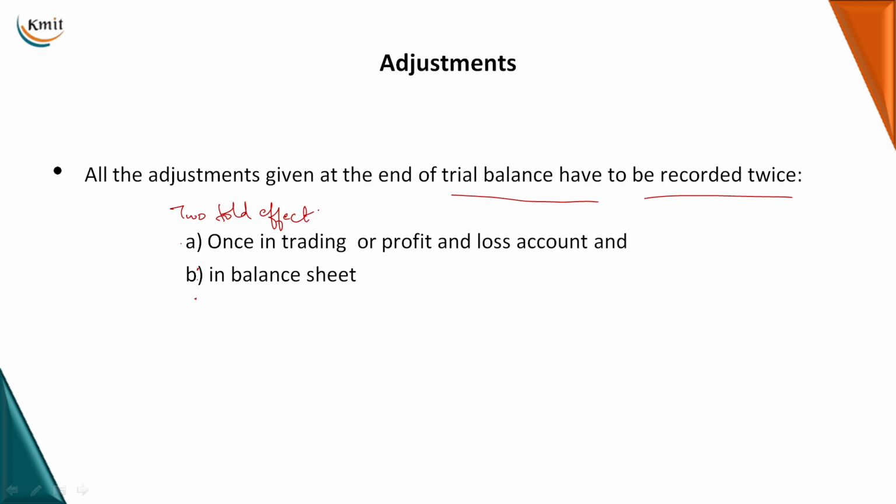One is, it will appear in the trading or profit and loss account, and another time it will appear in the balance sheet for the same amount. So we'll proceed with understanding how this adjustment will be made when given.